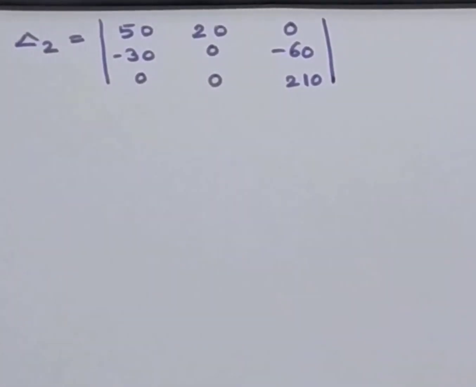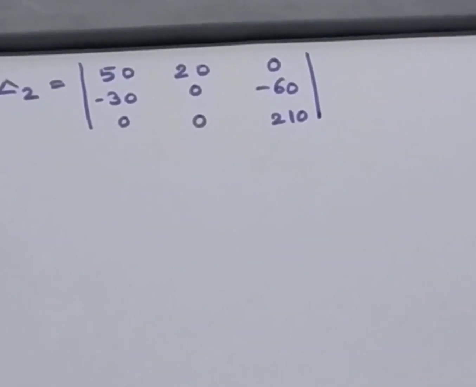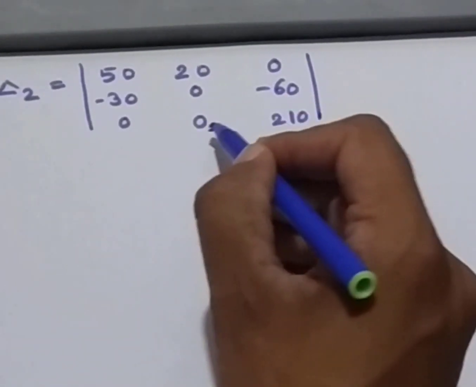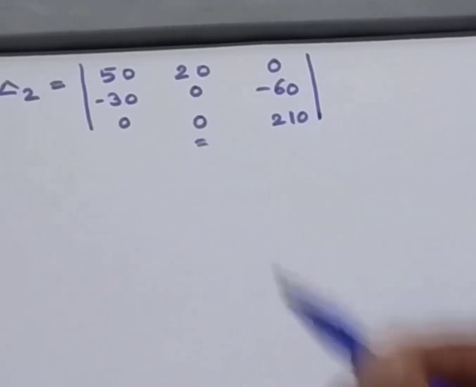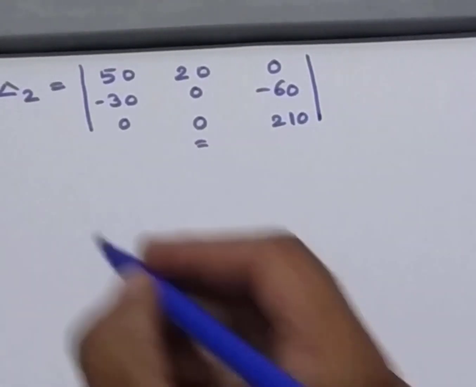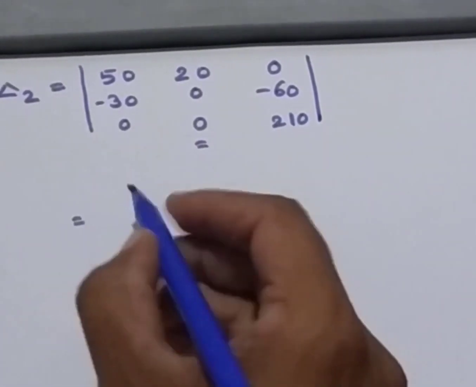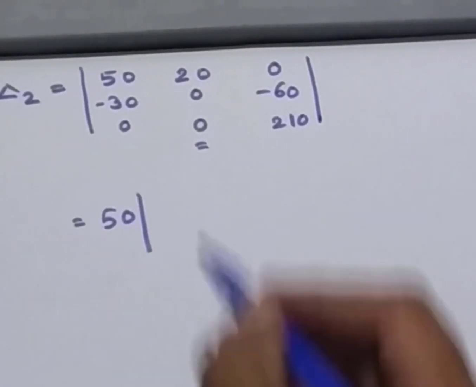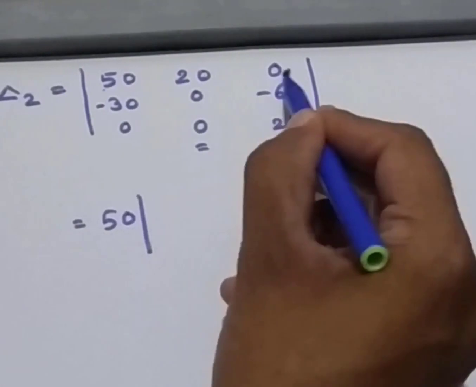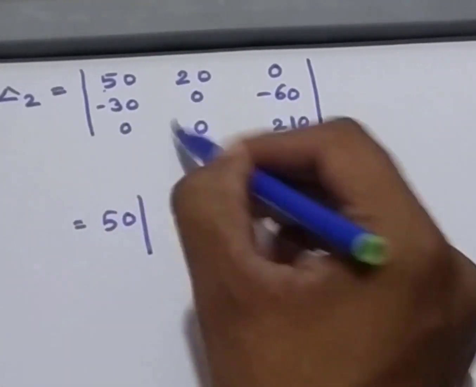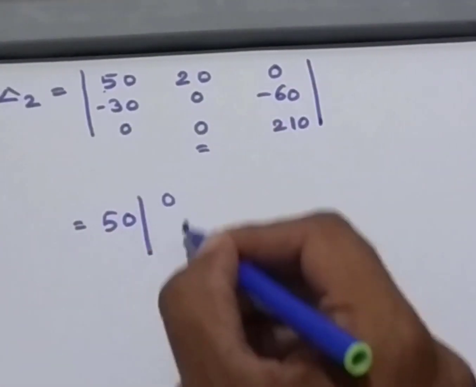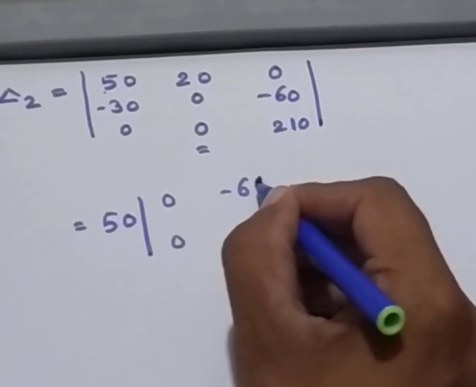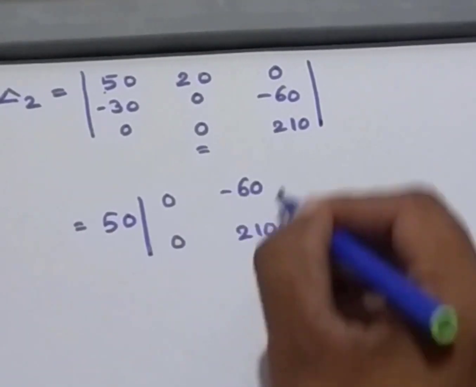In this delta 2, we have replaced the second column of the matrix by the constant values, that is 20, 0, 0. So let us calculate delta 2. So 50 into the remaining terms. We are going to exclude the first row and first column. That means the remaining terms are 0, 0, 60, 210.